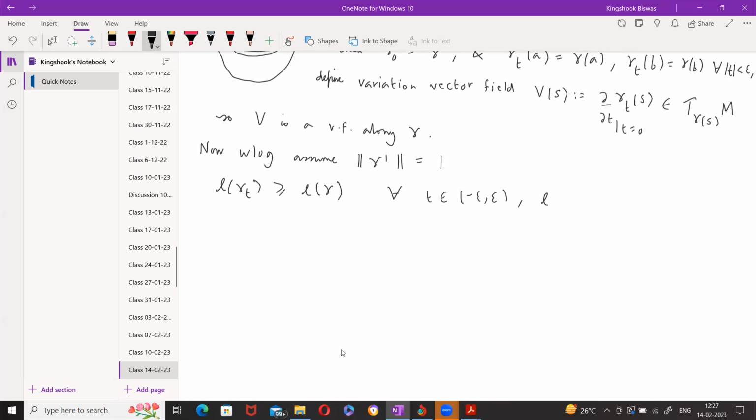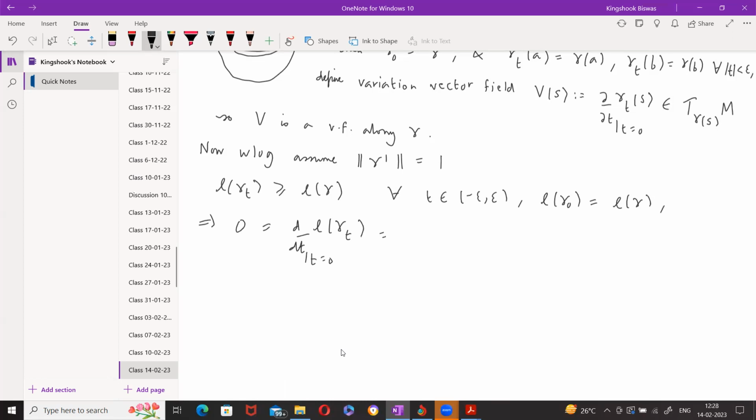And the length of gamma 0 is equal to the length of gamma. You have equality when t is equal to 0. That means as a function of t, this length of gamma t has a minimum at t equal to 0. Therefore, its derivative at time 0 is 0, right? So 0 is equal to d/dt at t equal to 0 of the length of gamma t.